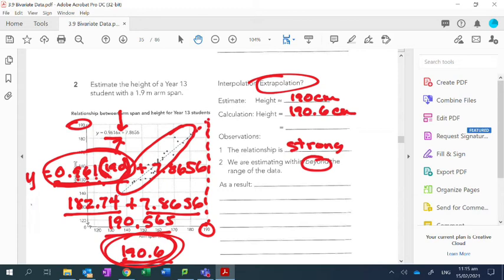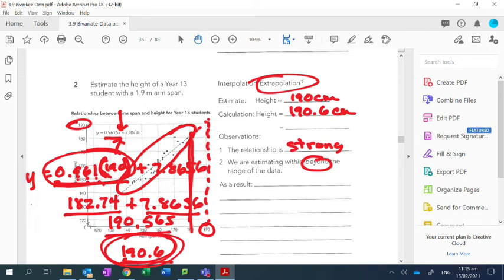Because the largest fish in our study is 180. I could assume that 190 is a reasonable answer. Why? It's a strong relationship, and 190 is not that far from, well, that literally looks like about 182 or something. Really not that far from my last data point.